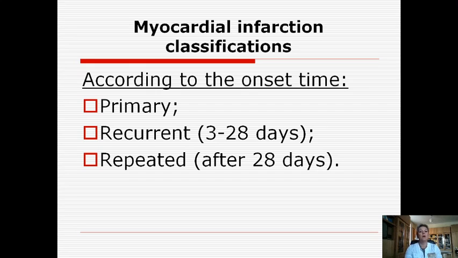According to the onset time, it is primary or acute. Recurrent is a second, third, fourth or other infarction after the first primary one within 28 days. And repeated is a second, third or other infarction after the primary one after 28 days.